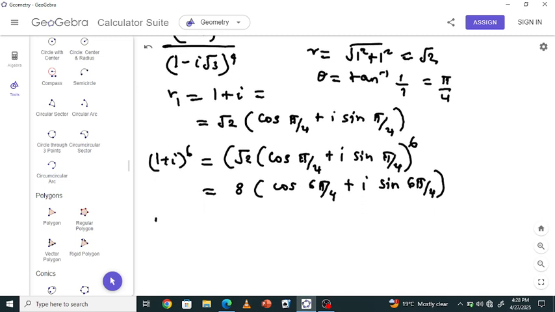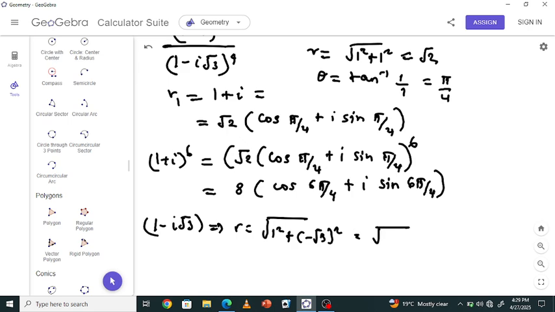And then we go to the next thing. You're going to have 1 minus i root 3. We're going to find our r. Our r is the square root of 1 squared plus negative root 3 squared. That is 1 plus 3, which is 4, and it gives us 2.